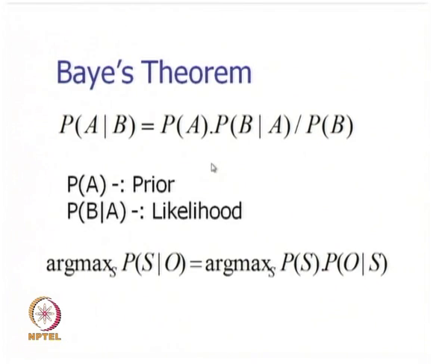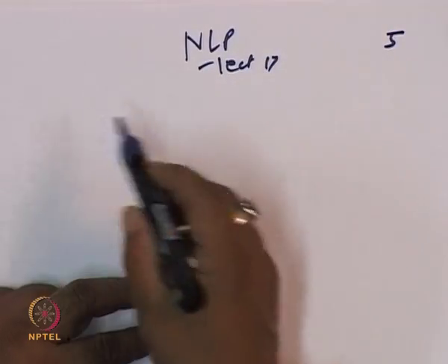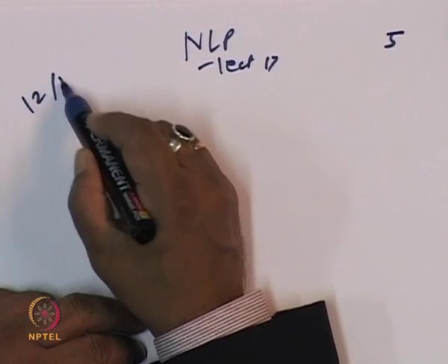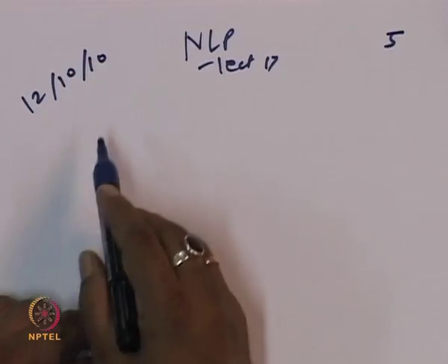So, let me make some remark here and write it down in the form of a list of things. We are saying that Bayes theorem is invoked along with Markov assumption.